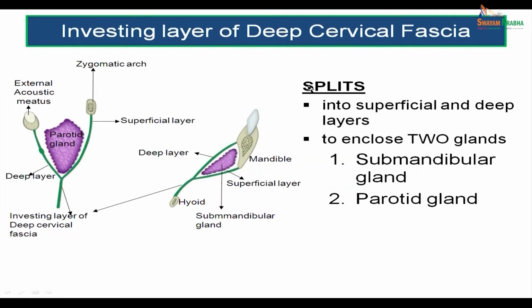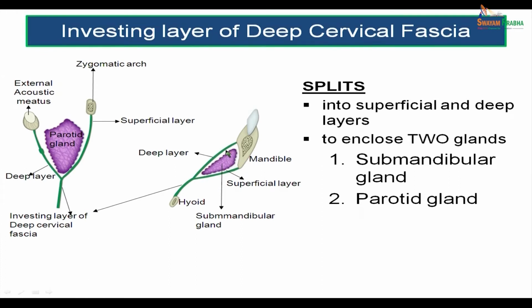It also splits to enclose two glands. So, again if we trace the fascia from the hyoid bone up to the mandible, we can see it is splitting into a superficial layer and a deep layer.